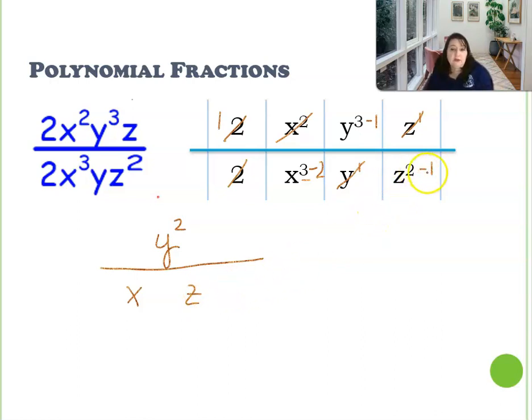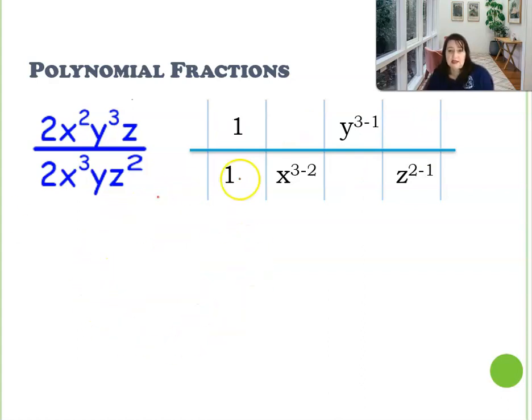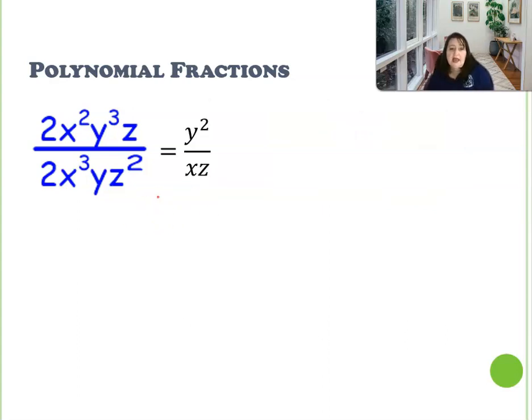Now if it had been 3 minus 1 like it was in the numerator for y, I would put a 2 there, but I don't have to. So my answer is going to be just this. And here you go. I'm going to write it a little neater so you can kind of see. Here I am subtracting them in each of them. Makes my life a little easier. And there's my final answer.